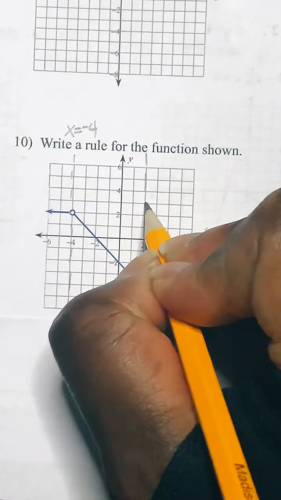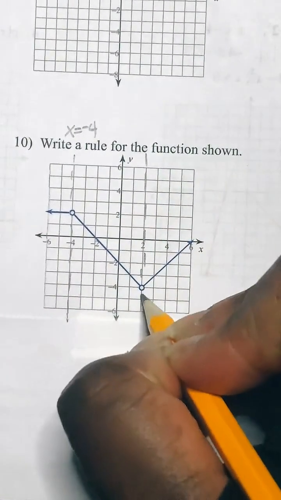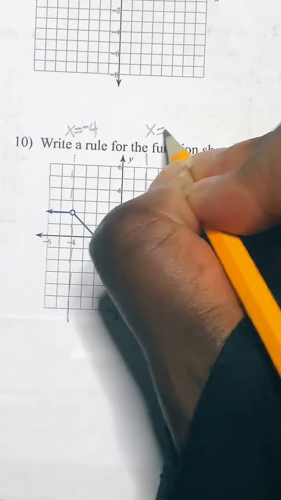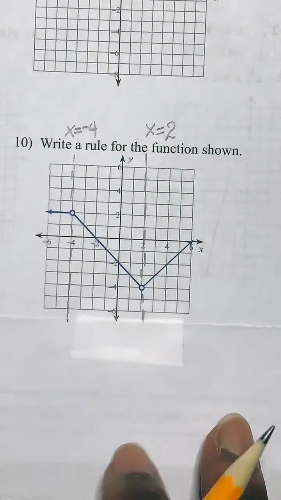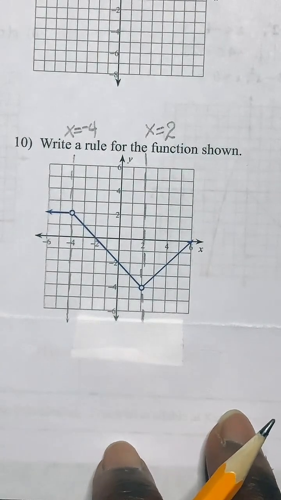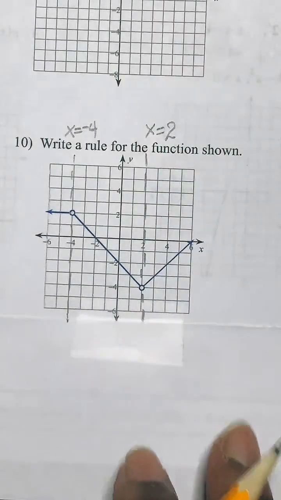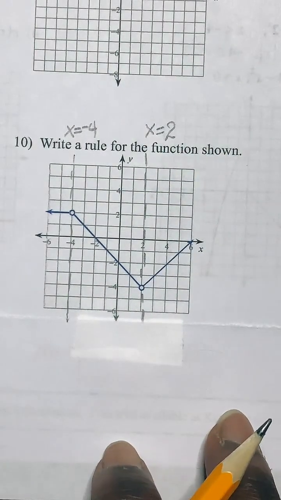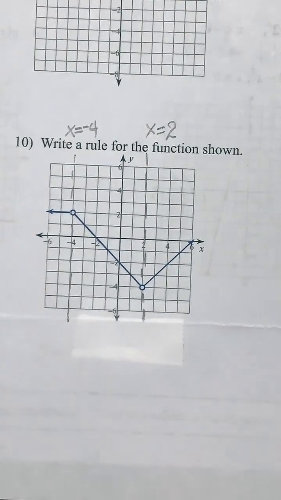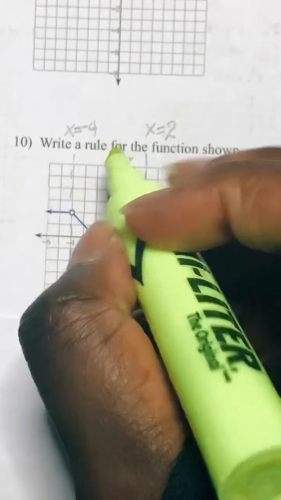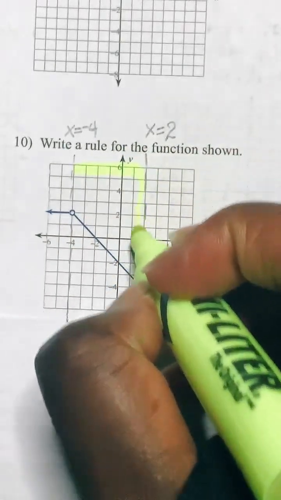And something happening here when x is equal to 2. I had different color highlighters, but there's things happening here and here.